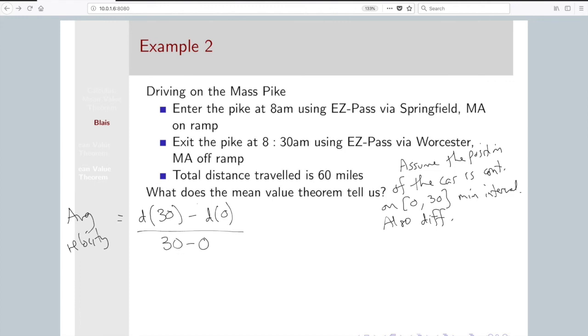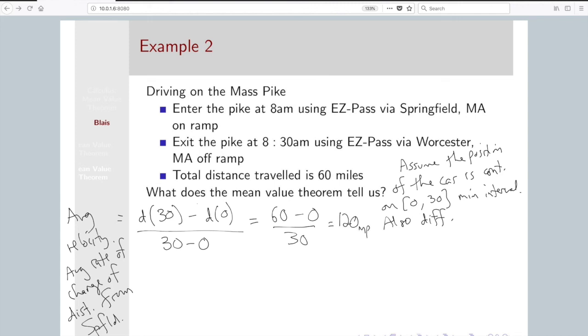That's your average velocity, or your average rate of change of distance from the Springfield on-ramp. And we noted that's 60 miles minus 0 miles over 30 minutes, or 120 miles per hour. That's the average speed, average velocity.